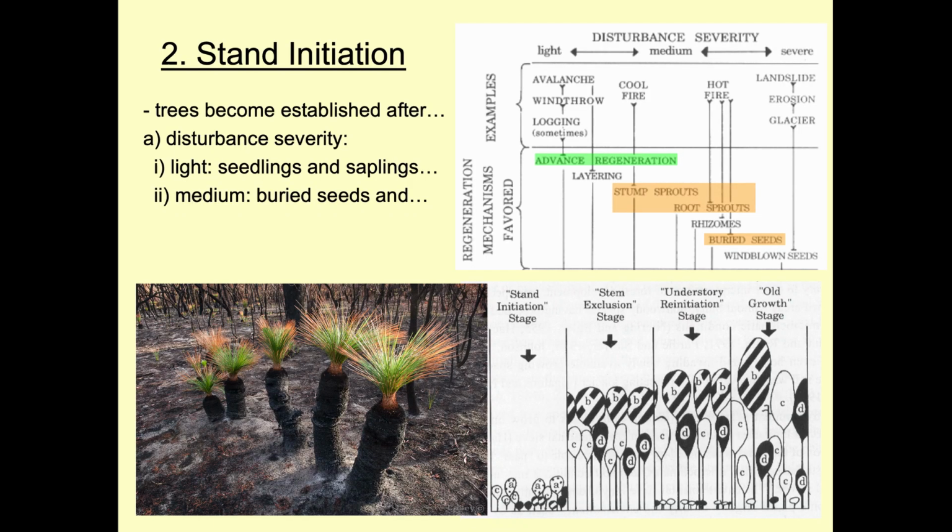In terms of disturbance, stand initiation is going to occur differently depending on how severe those disturbances are. For a light disturbance, the trees just on the perimeter of that disturbance are going to release seeds, and tree recruitment is going to occur, and those trees are just going to advance in that lightly disturbed area.